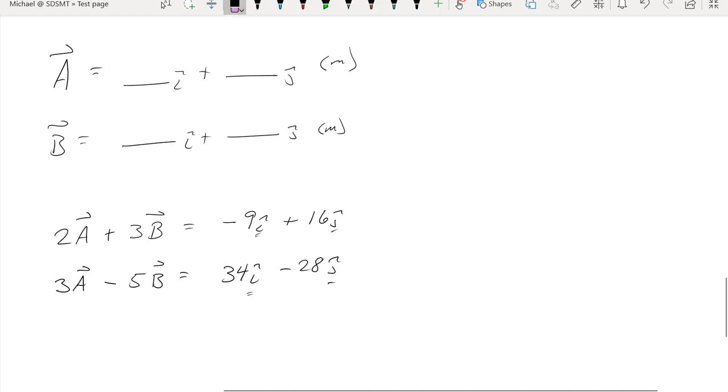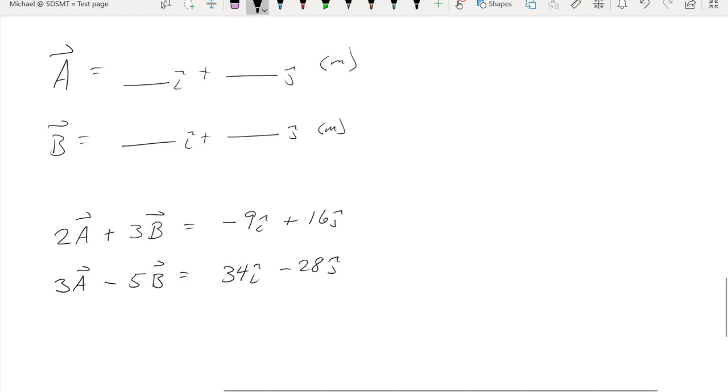So what I want to do is see if maybe I can do a combination of these equations in such a way that I can eliminate one of the unknown variables.